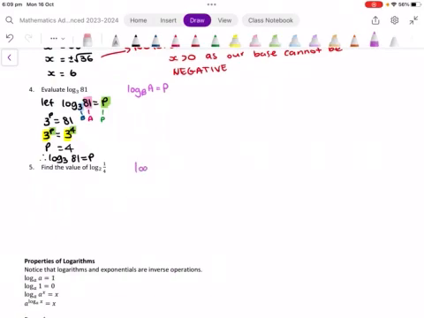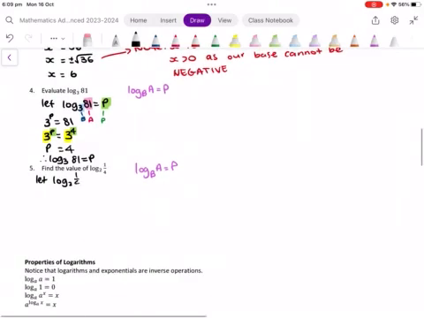Again, we're going to look at log BAP. So we're going to let log base 2 of a quarter equal P. So we have our B, A, and our P. So that means we're going to have 2 to the power of P equals a quarter.